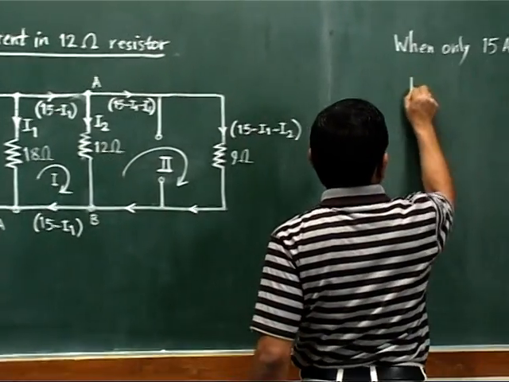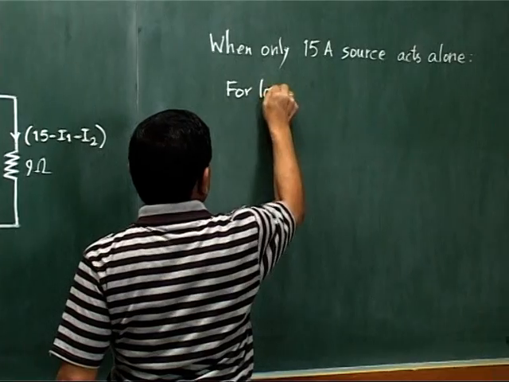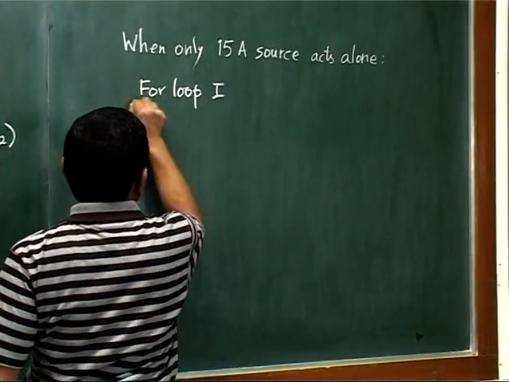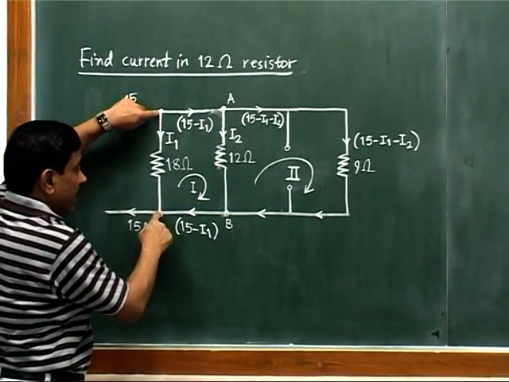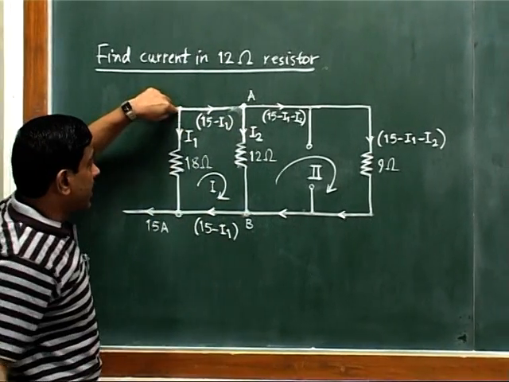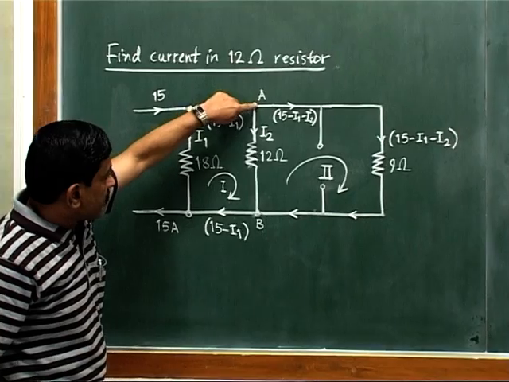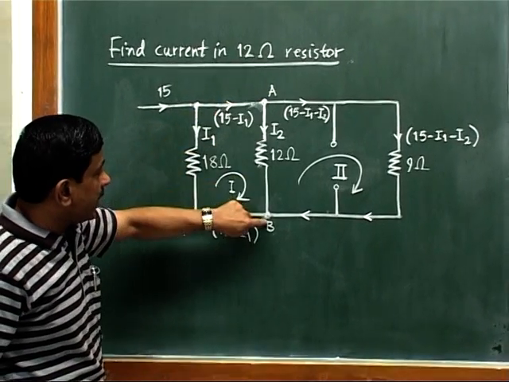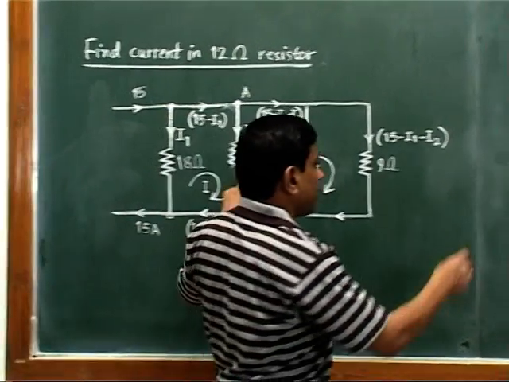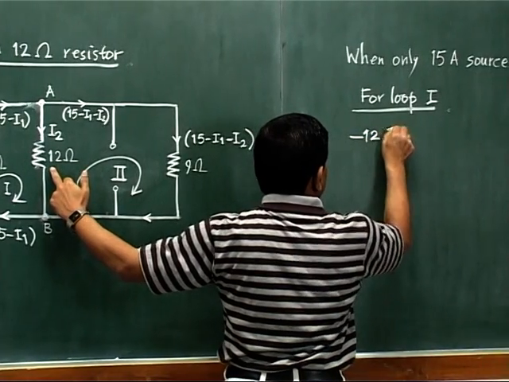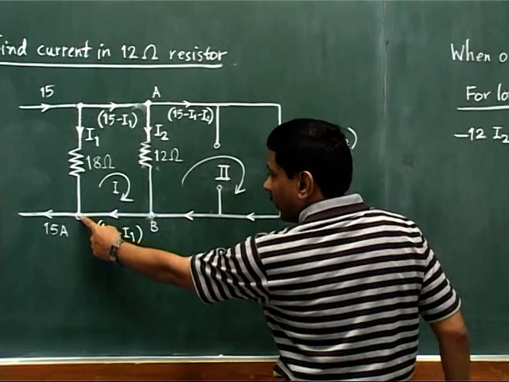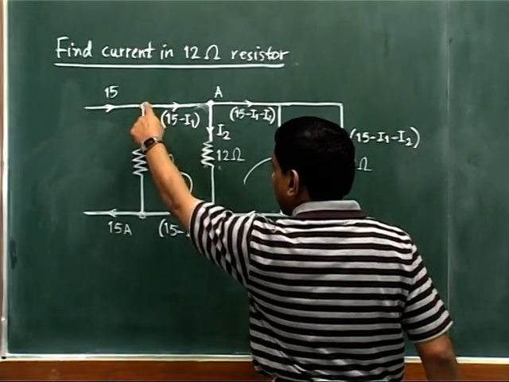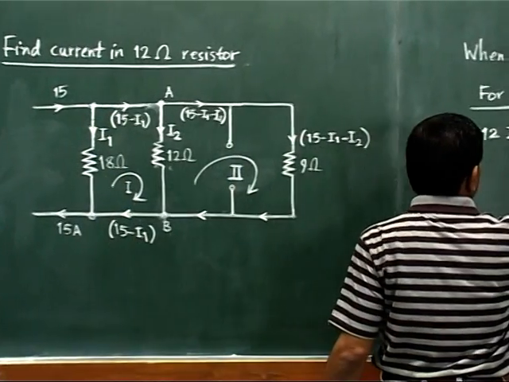So for loop 1, what will be the equation? See here, we start like this. Our loop 1 is this to this, down, left, and again to the initial point. No component here. So now here from A to B, it will be minus 12 times I2, so minus 12 I2. Then we reach here towards left. No component here, and from this point to the initial point, it will be plus 18 I1.